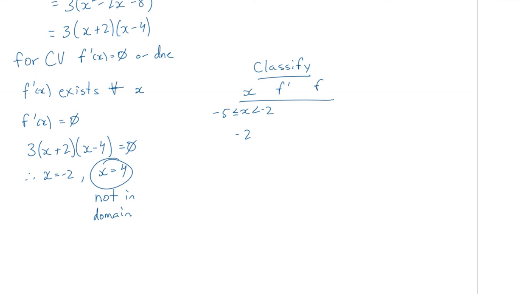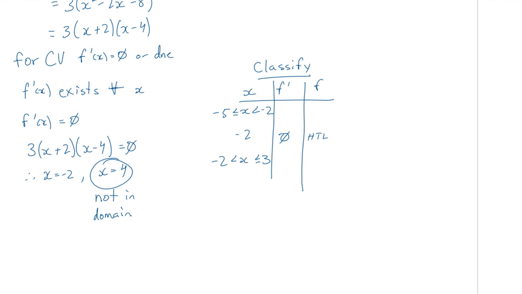Then I'm going to go above it, up to and including 3. At the critical value, the derivative is equal to 0, which means it's a horizontal tangent line. That's what we know. But what is happening at that horizontal tangent line? What kind of critical point is it?